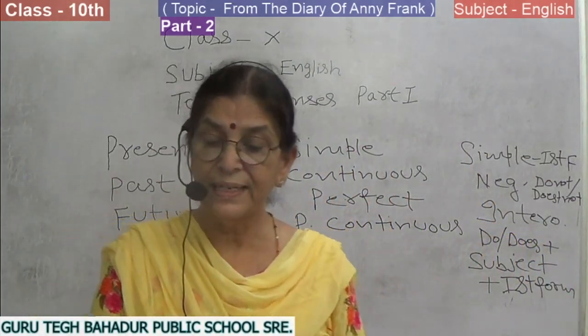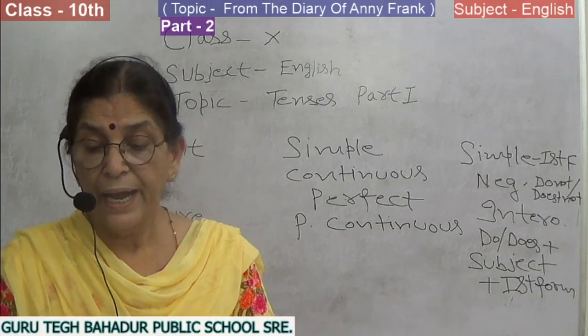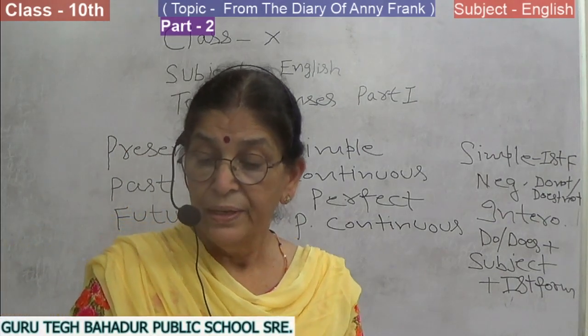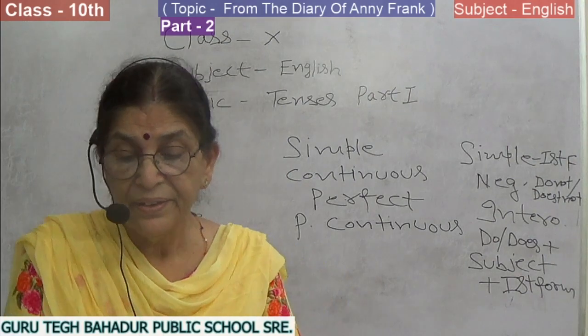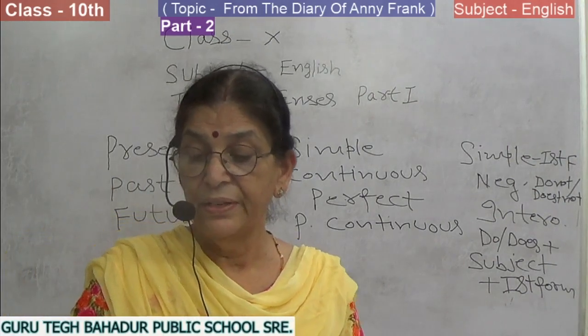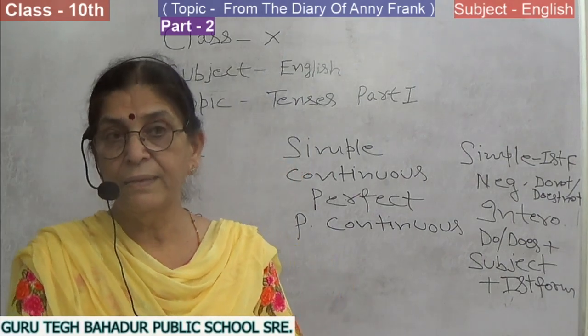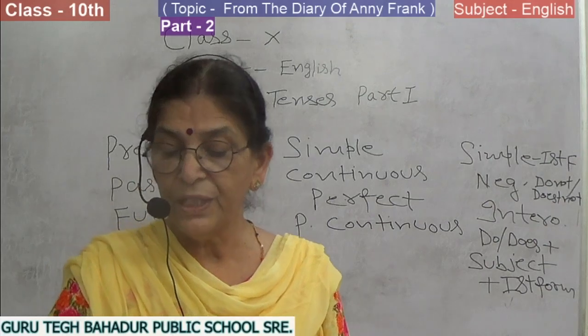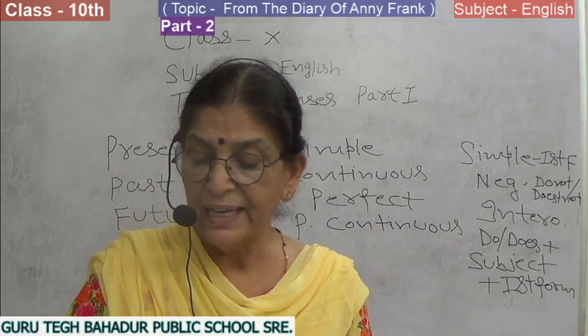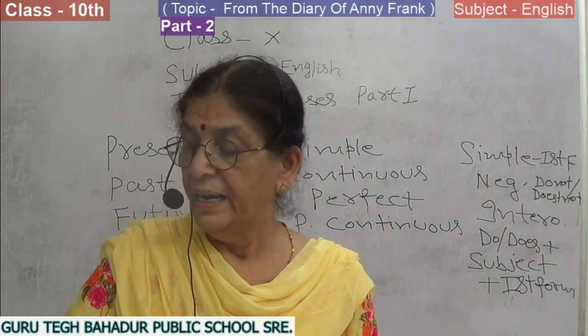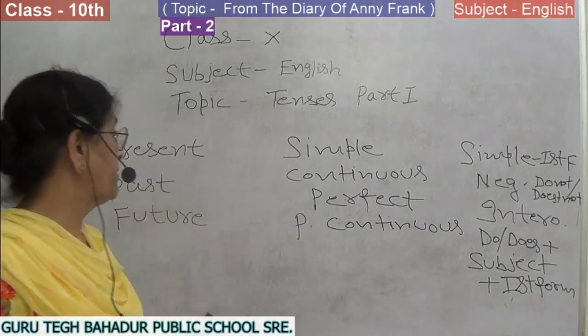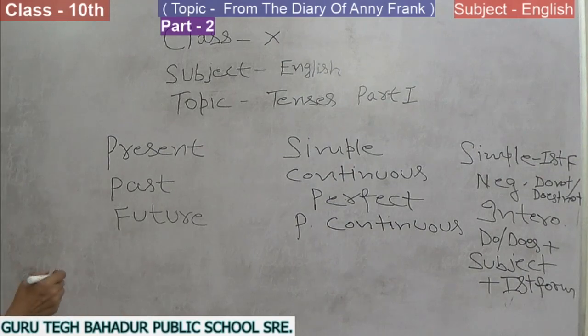As far as this tense is concerned, the third person singular number takes S or ES with the first form of the verb in simple sentences. There are 3 persons. First person: I, we.